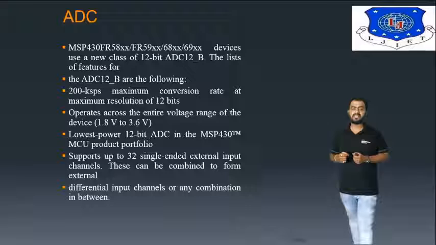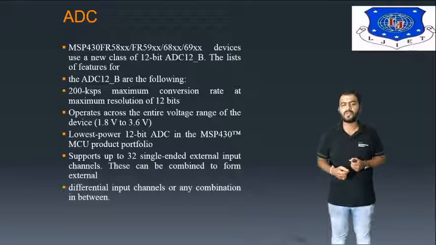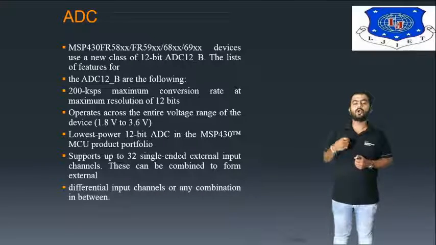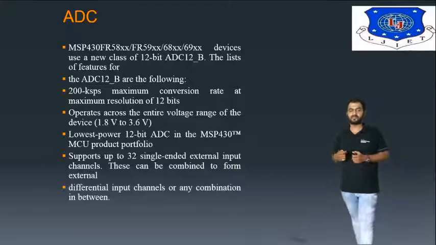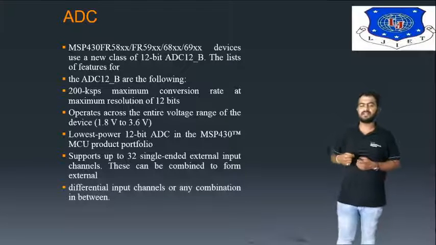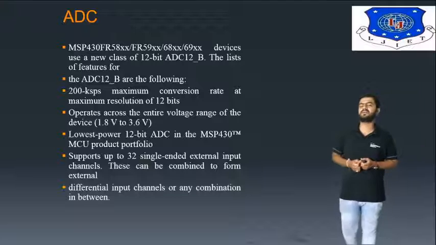The ADC12_B follows a 200 ksps maximum conversion rate, operating across 1.8 to 3.6 volts, with the lowest power consumption, and supports 32 single-ended external input channels that can be combined from the external interfaces, and differential input channels or any combination between the channels.